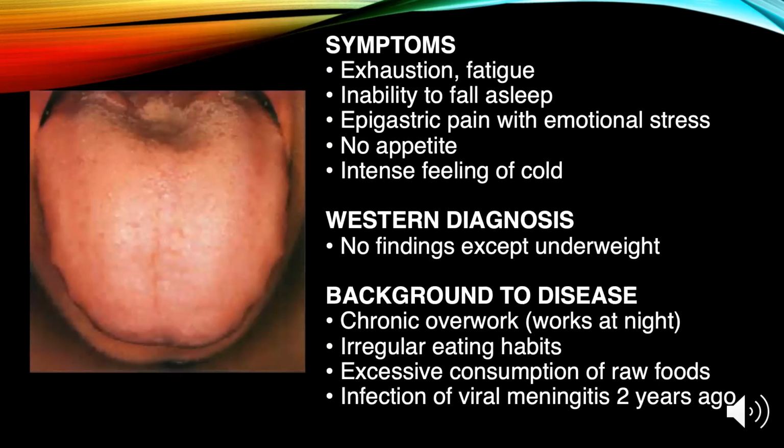Symptoms: exhaustion, fatigue, inability to fall asleep, epigastric pain with emotional stress, no appetite, intense feeling of cold. Western diagnosis: no findings, except that the patient was underweight. Background to disease: chronic overwork because she works at night, irregular eating habits, excessive consumption of raw foods, infection of viral meningitis 2 years ago.